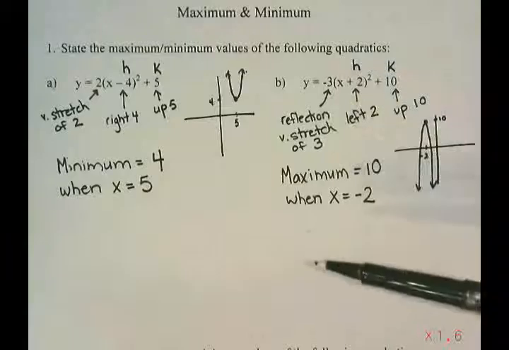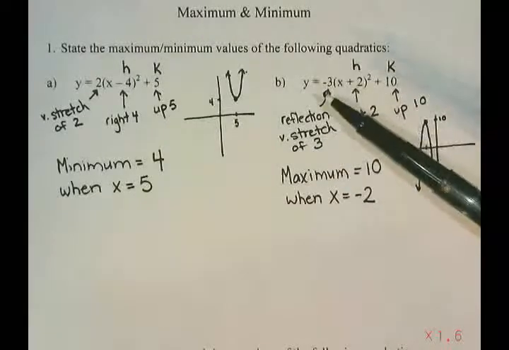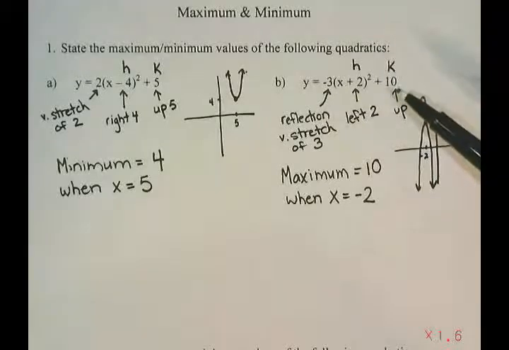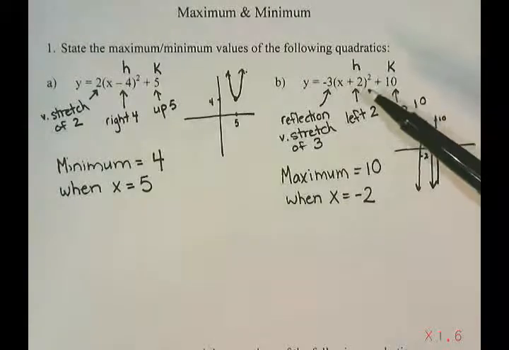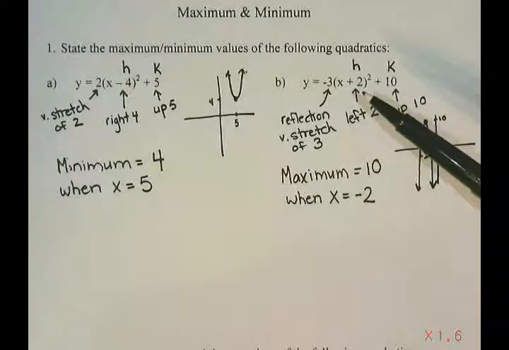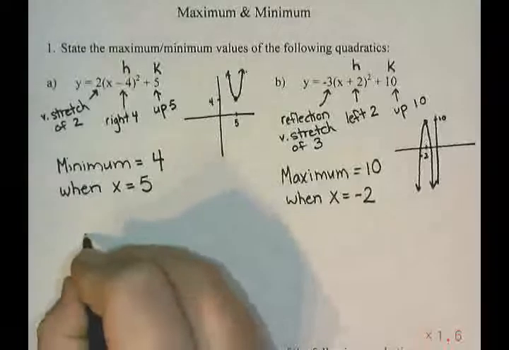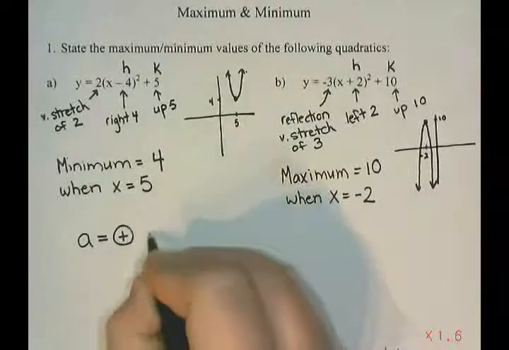So to figure out whether it's a maximum or a minimum, you need to look at the sign on your a. To get the maximum or minimum value, you need to look at your k value, that number at the end that's being added or subtracted. And to figure out where your maximum or minimum occurs, we look inside the bracket at our h value. If our a is positive, it's a minimum.